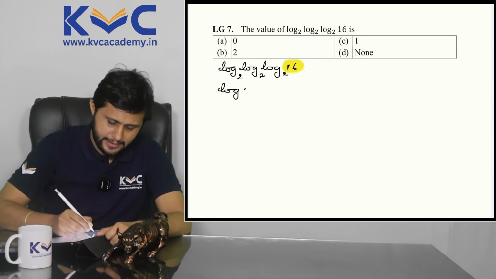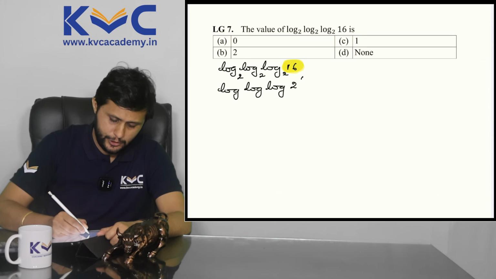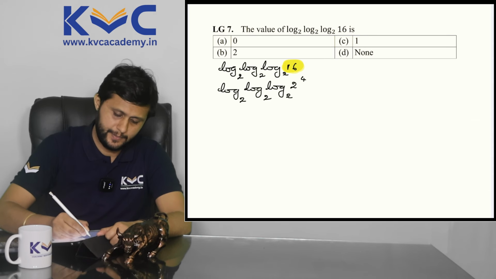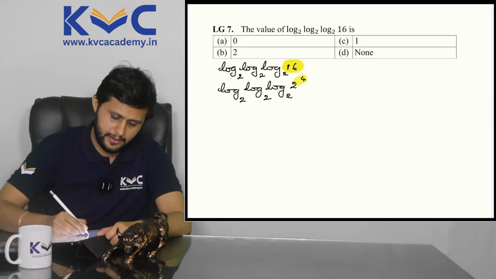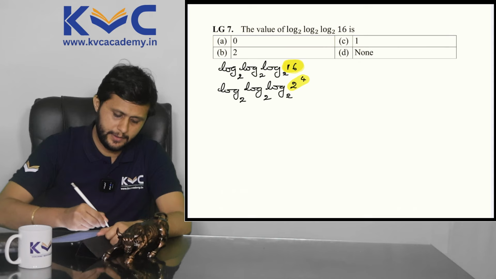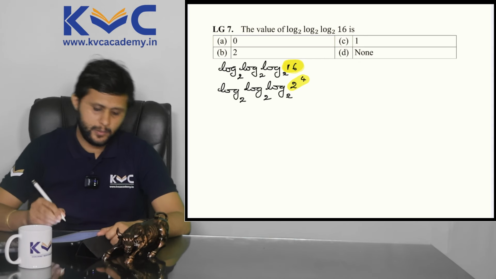Remaining everything I'll leave as it is. Log of 2 to the power 4 to the base 2 to the base 2 to the base 2. Again, I highlight it using the same color just to show how I have changed from 16 to 2 to the power 4.